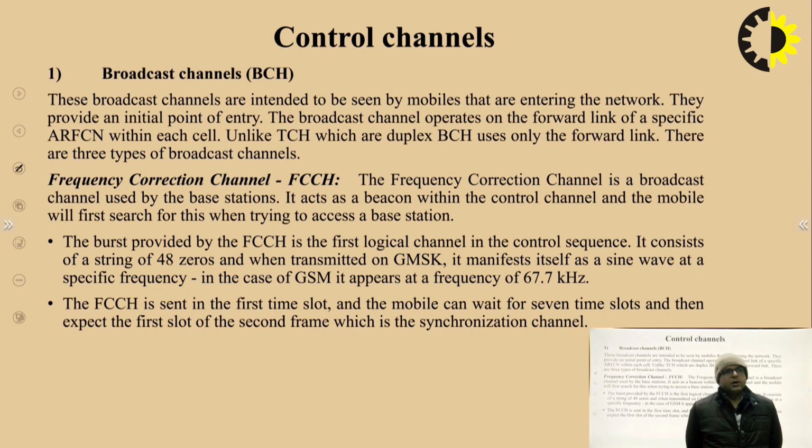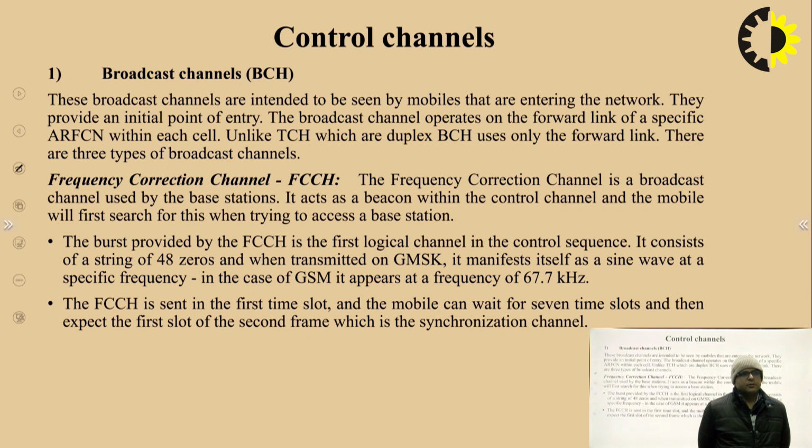Now, the broadcast channel is divided into three types. First, the frequency correction channel. The frequency correction channel is a broadcast channel used by the base station. It acts as a beacon within the control channel, and the mobile will first search for this when trying to access a base station.